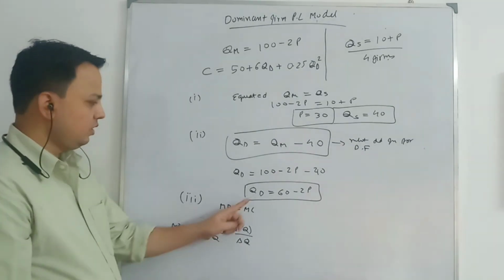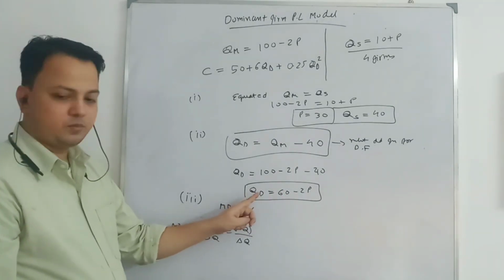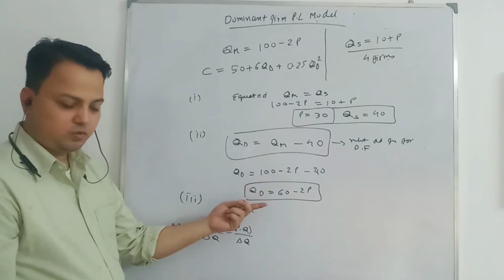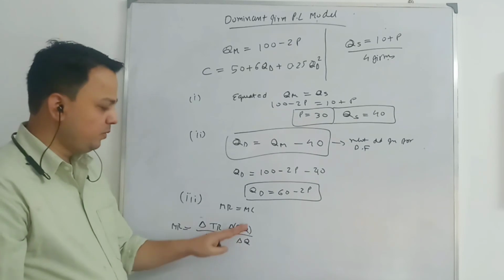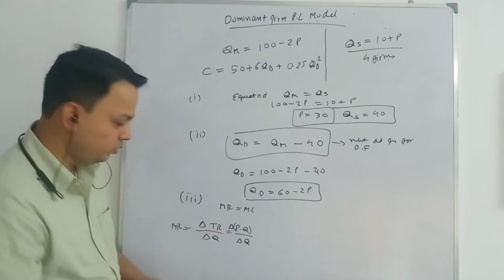I will write this equation in terms of price, multiply with quantity to get total revenue, then take the change with respect to quantity to get marginal revenue. Let's do that part.